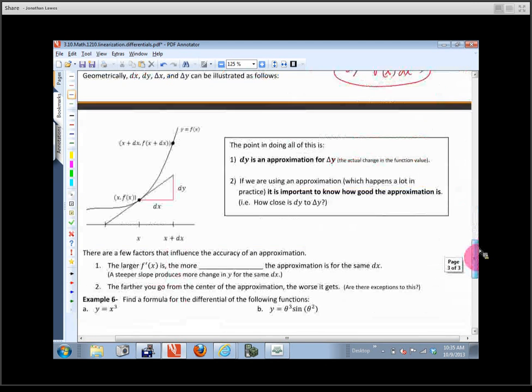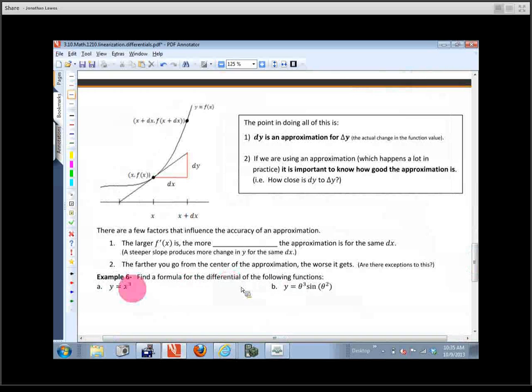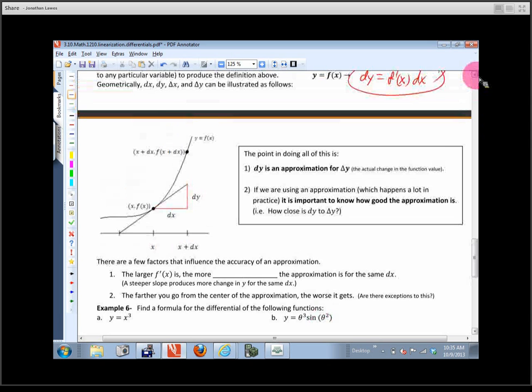Before we do a few of those examples, and a couple of them are kind of interesting, we've got some pretty wild looking graphs here, especially this one, let's take a look at how these quantities are related. We want to look at how dx, dy, delta x, and delta y are related.